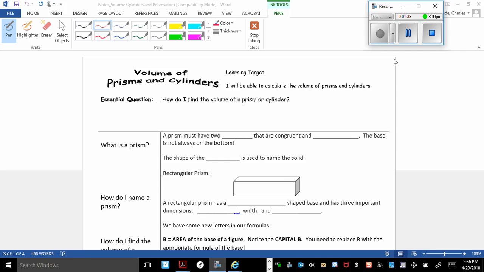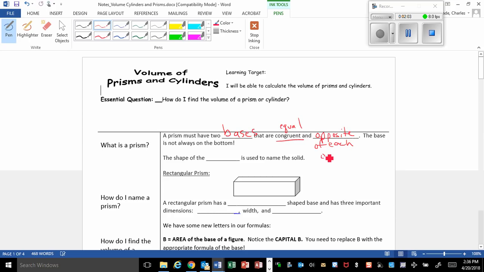A prism must have two bases that are congruent, and we remember that means equal, and they are opposite each other. That means they're on the opposite ends of each other.